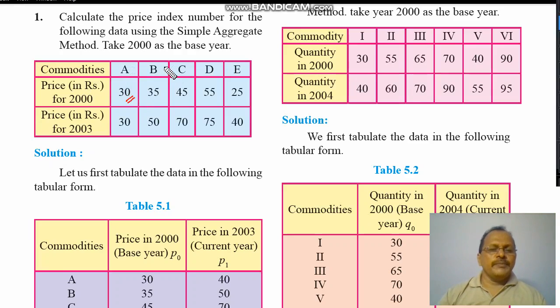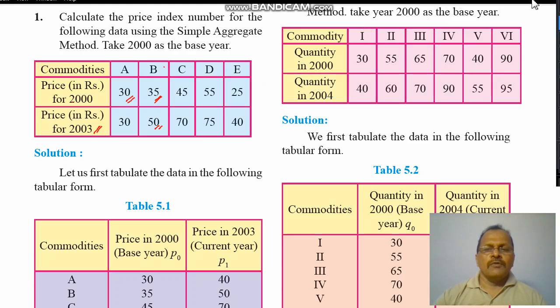The price of commodity B in rupees in the year 2000 is 35, and that of B in the year 2003 is 50, and so on. For all these 5 commodities, the base price and current year prices are given to us.